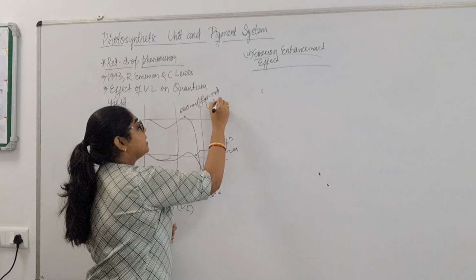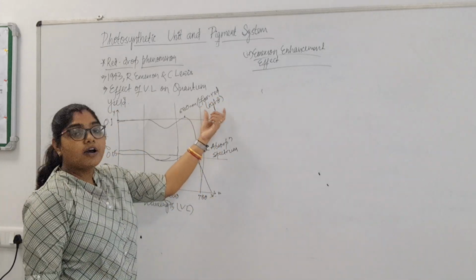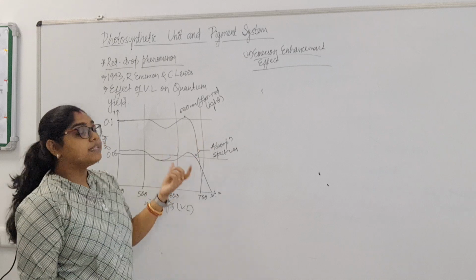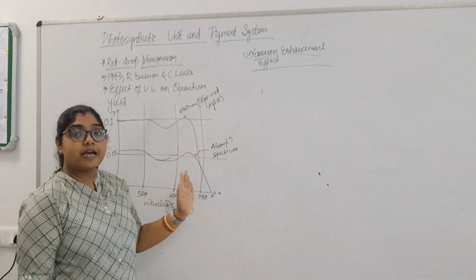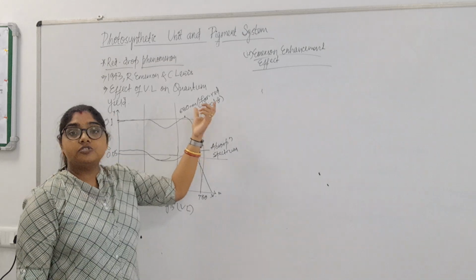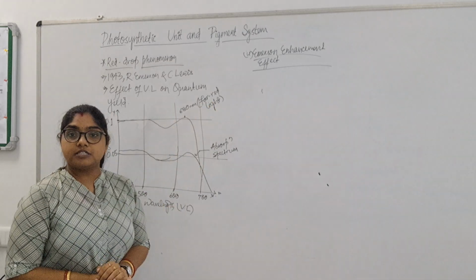So we can say that with this far red light, the oxygen evolution is very low, or falls drastically. That means far red light is not effective for the photosynthesis process.